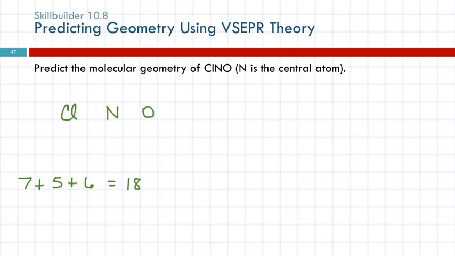Then we put single bonds to connect these. So there's 2, 4, 6, 8, 10, 12, 14, 16, 18. Somebody's going to have to share. How do we decide? Well, you are not equipped to decide who shares.